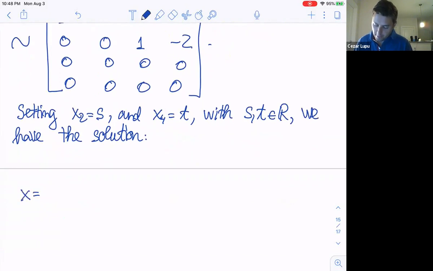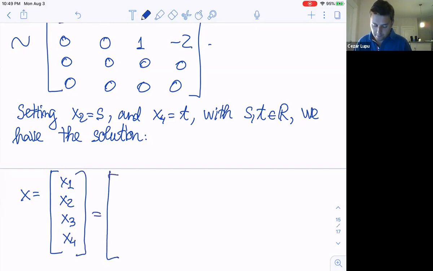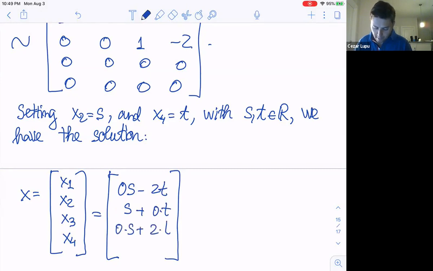X, now let me write it like this, x1, x2, x3, x4. This will be 0s minus 2t, s plus 0 times t, 0 times s plus 2 times t, 0 times s plus t.